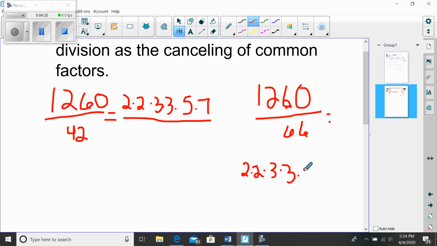Okay, so the prime factorization of 42. 42 is 6 times 7, so that would be 2 times 3 times 7.